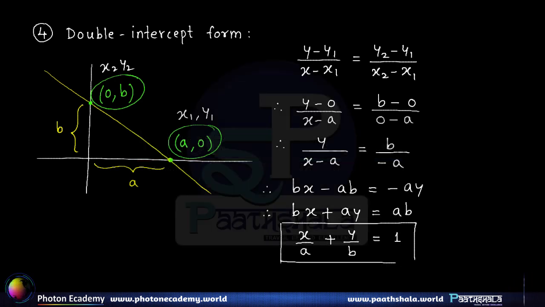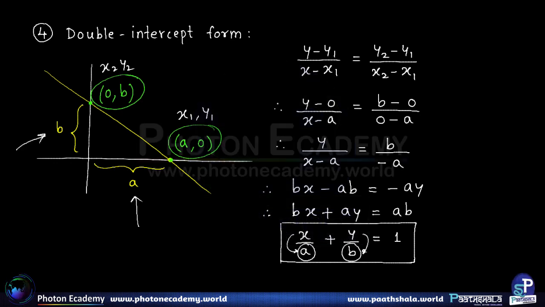This is called the double intercept form of the equation of the line. It is interesting to note that the denominator of x indicates the x-intercept, and the denominator of y indicates the y-intercept. So that is very easy to remember also.